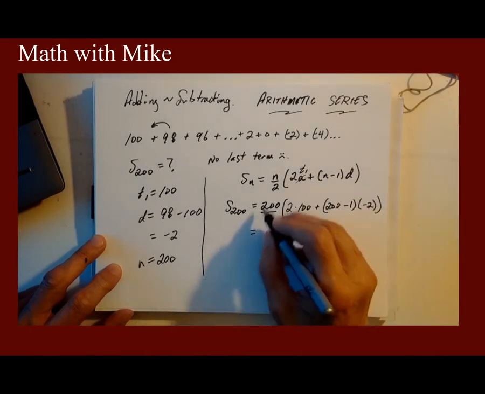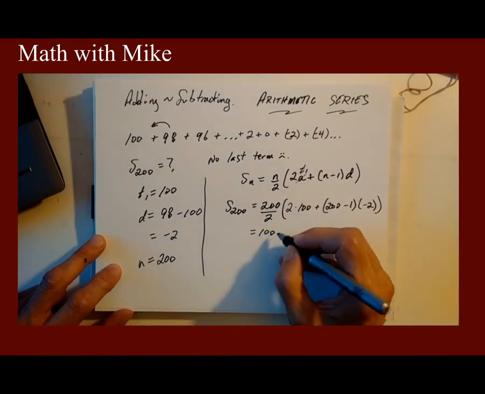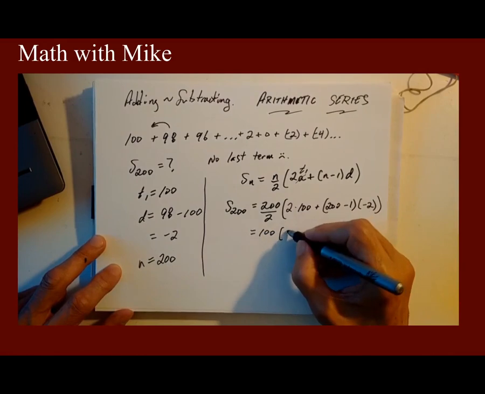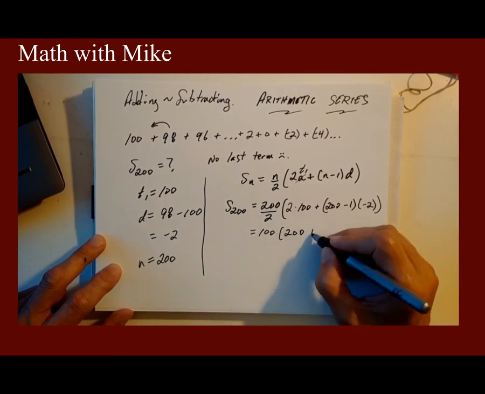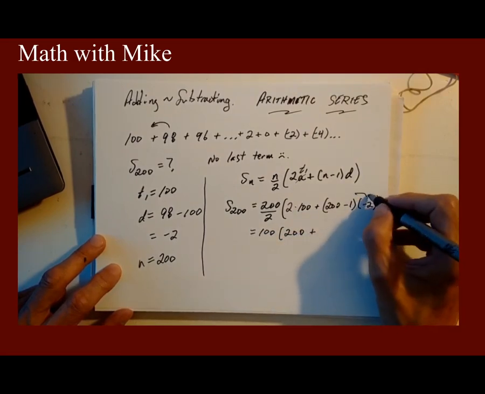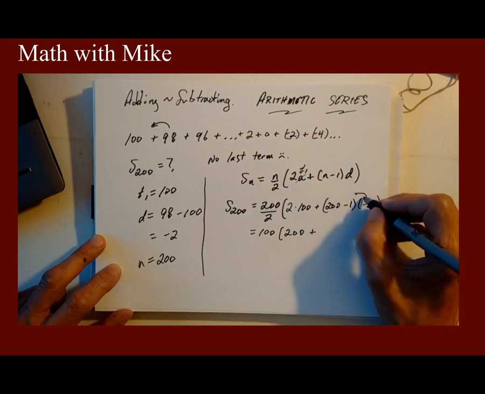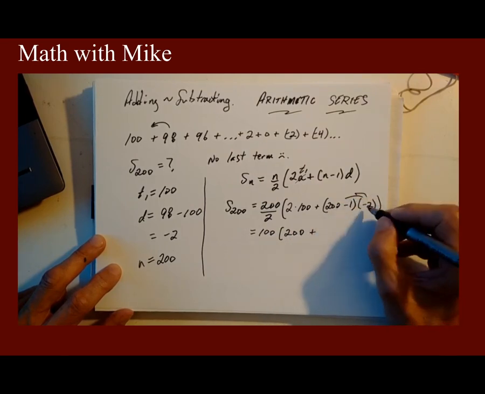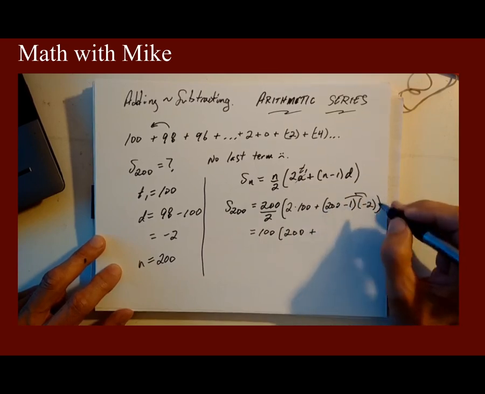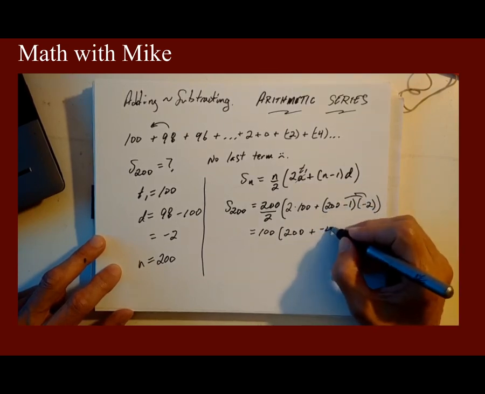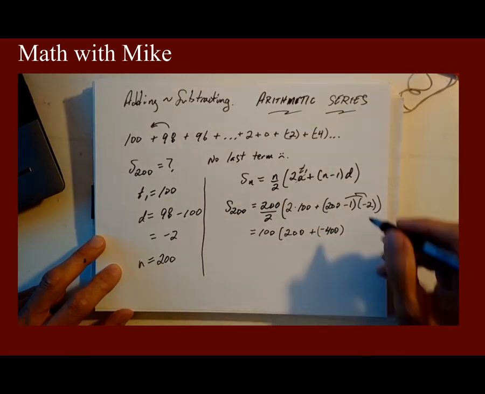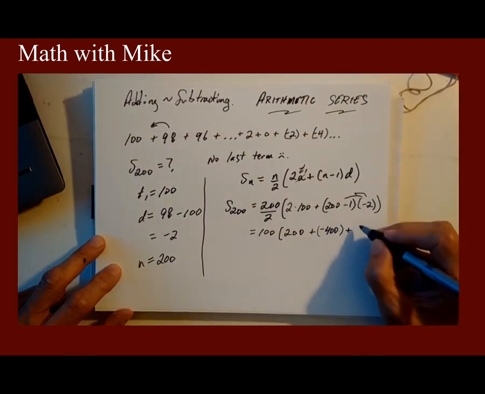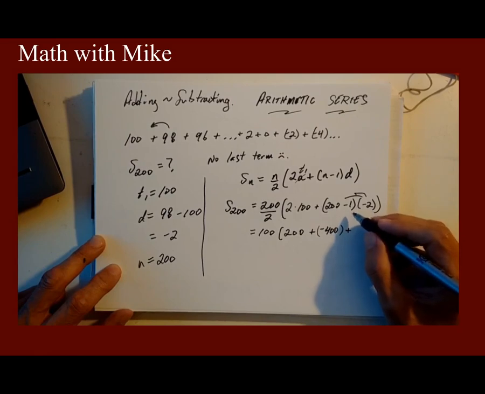Doing some simplifying, 2 divided by 2, 1. 2 times 1, 2. And then the distribution for those two terms. Minus times the plus is a minus, so minus 400. I guess we'll put in brackets just to keep it looking good. And this is going to be plus 2 when that goes in there.